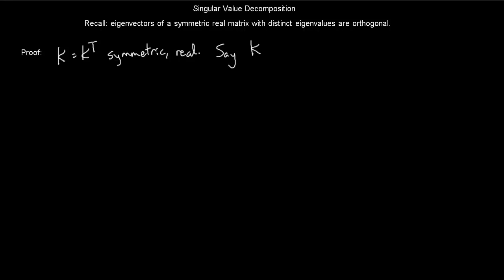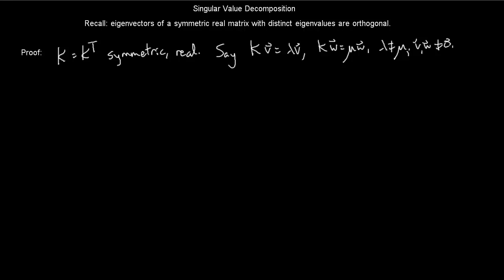And suppose I have a couple of eigenvectors, say V, so that K times V is lambda V, and W, so that K times W is mu times W, where lambda and mu are distinct from each other. And V and W are eigenvectors, so remember in the definition of an eigenvector, I insist that they be non-zero.